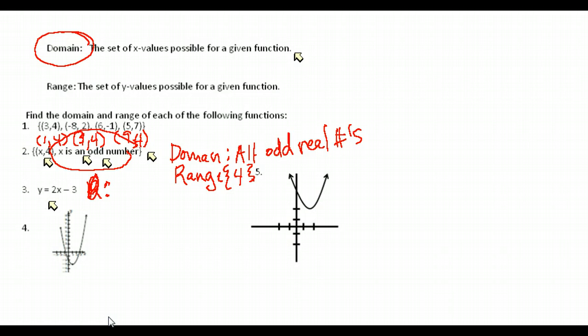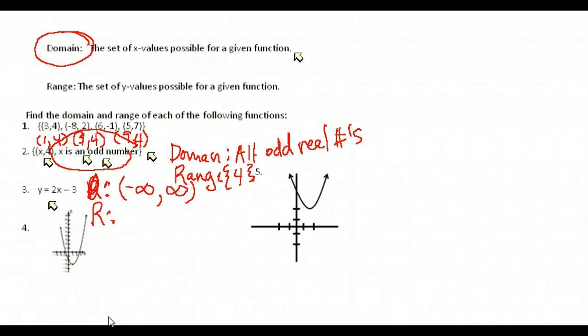The domain is all real numbers, which you can write out all real numbers. You can also use what we call interval notation, which kind of looks like a point, so it confuses us. But what you do for your intervals is you put where it starts. All real numbers starts at negative infinity and goes to infinity. This is another way to write all real numbers.